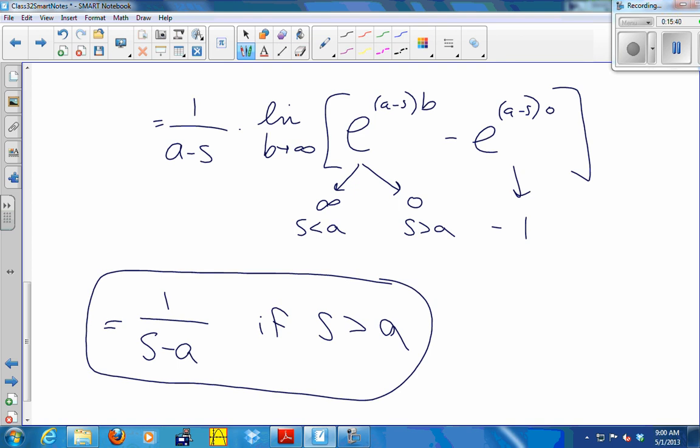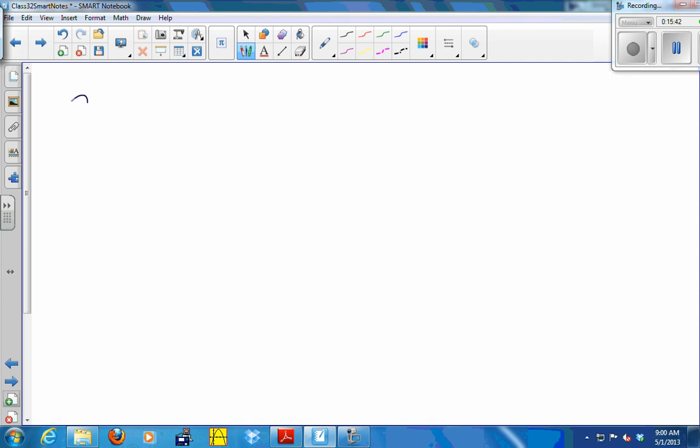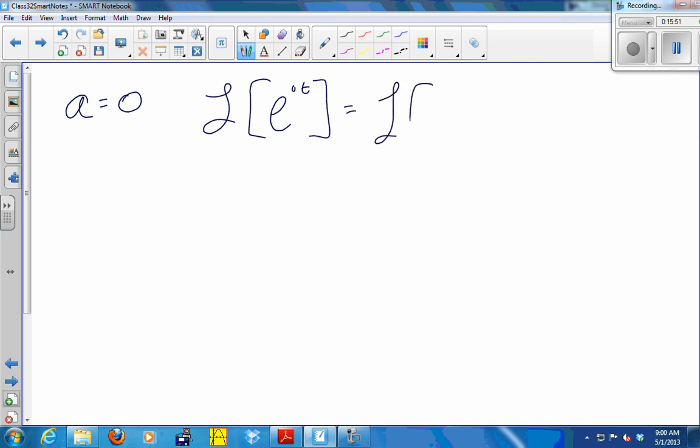So we can use this for the case when a equals 0. Right? So my Laplace transform of e to the 0t, that's the Laplace transform of 1. So that would be 1 over s minus 0, because a is 0.